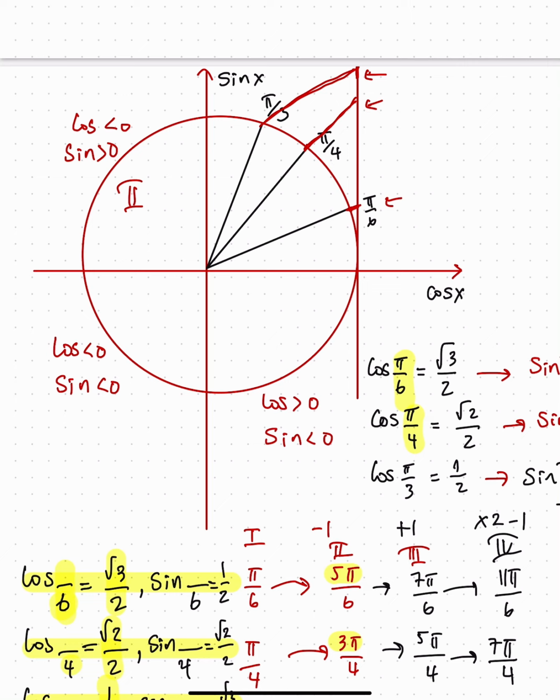So the square root of 3 here comes from tangent pi over 3. Tangent pi over 6 equals what?